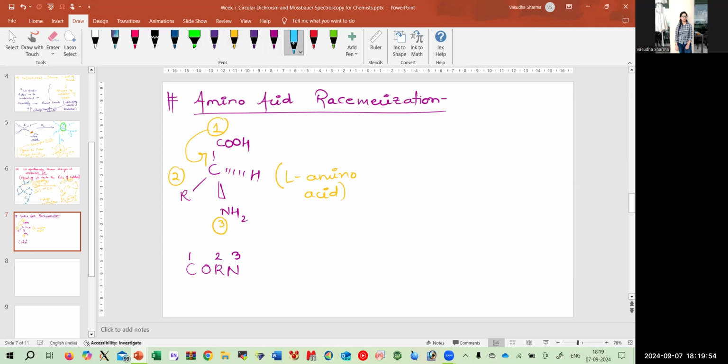Now, if we form the mirror image of this one, we will get this. H would remain at the back position, whatever is in front, we are getting NH2 here, R here, COOH here.